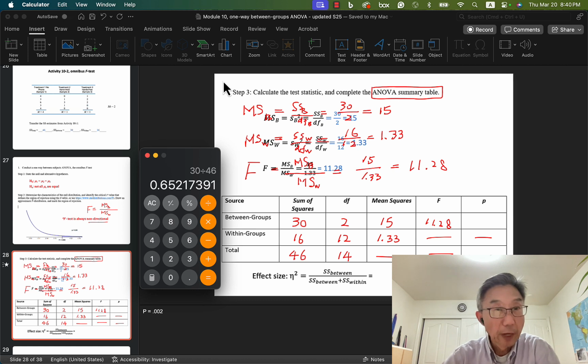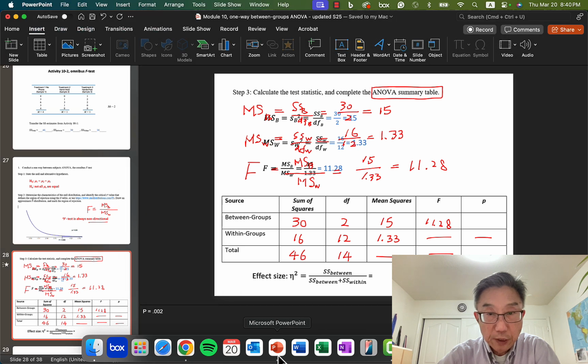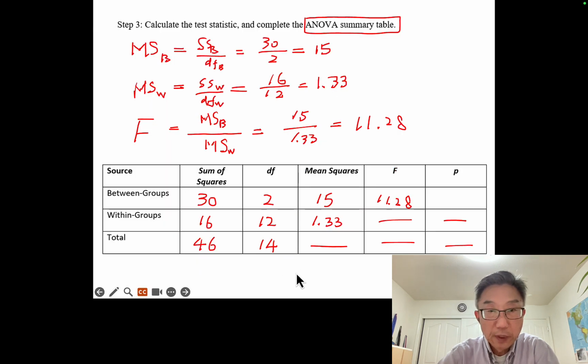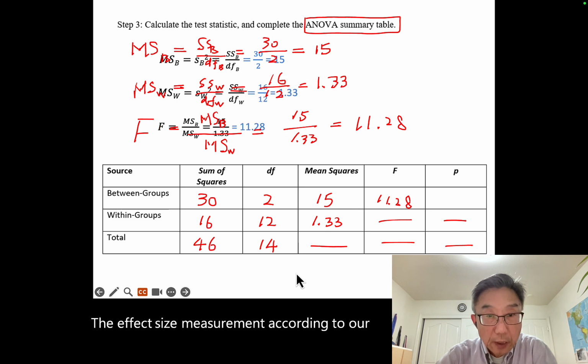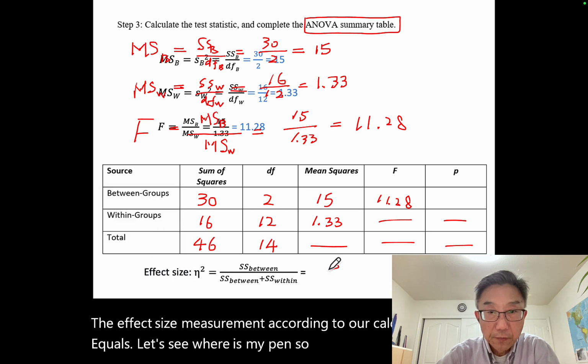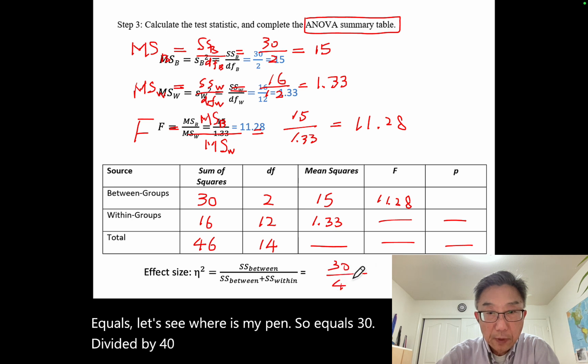0.65. Okay, so it's 0.65. So the effect size measurement, according to our calculation, equals 30 divided by 46.